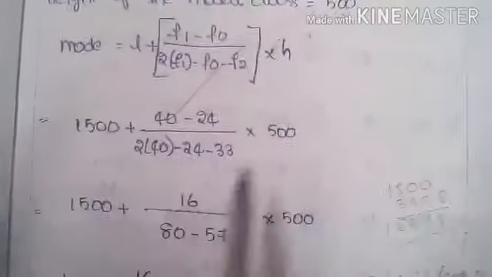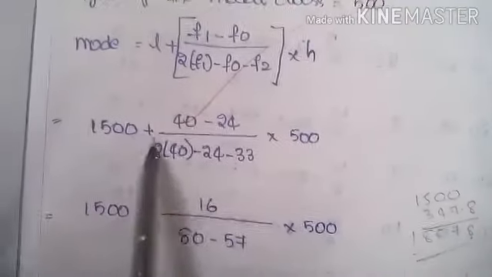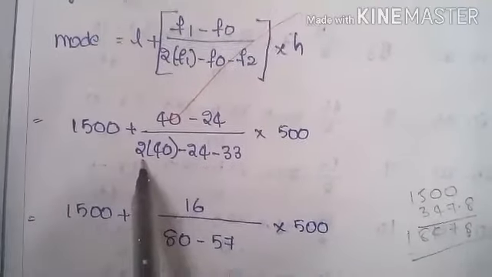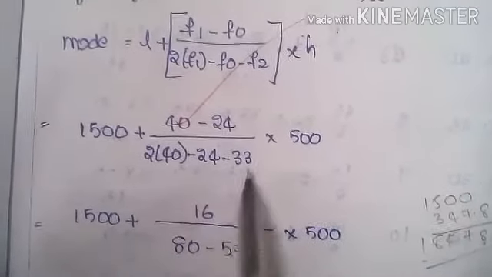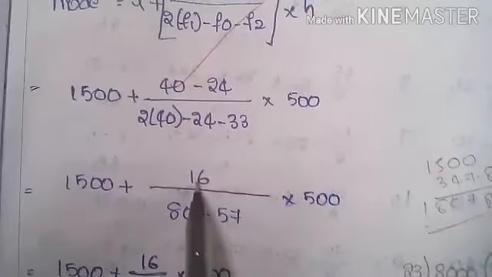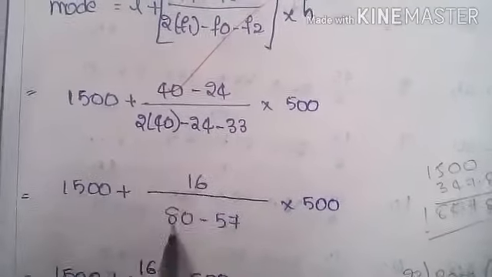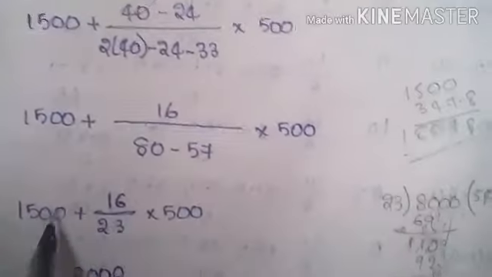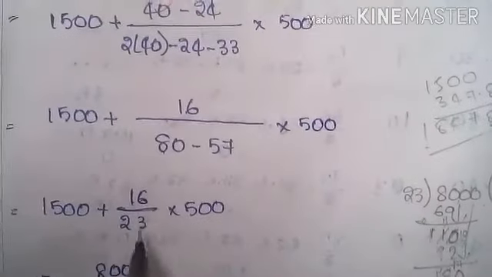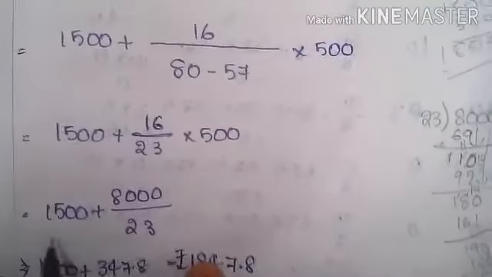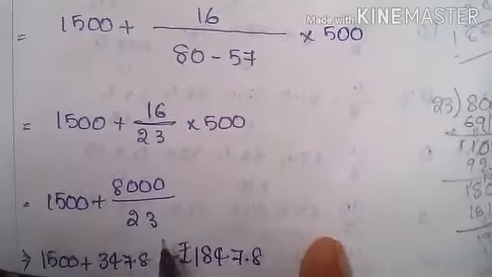Now substituting the values: 1500 plus 40 minus 24 into 500, by 2 into 40 minus 24 minus 33. So 40 minus 24 I will get 16. 2 into 40 is 80. I will get 57 into 500. So 1500 plus 16 by 23 into 500. 16 500s are 8000. So 1500 plus 8000 by 23.